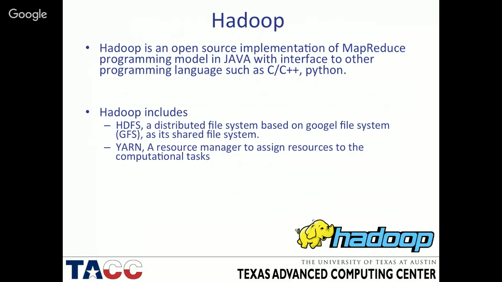So you can tell YARN for your program how many resources you need, in terms of how many mapper tasks you want and how many reducer tasks you want. YARN doesn't necessarily follow exactly the number you give, but it's going to do some processing based on the number you give, based on the current resource availability, and how your file is distributed, and actually assign the resources for your program to run.